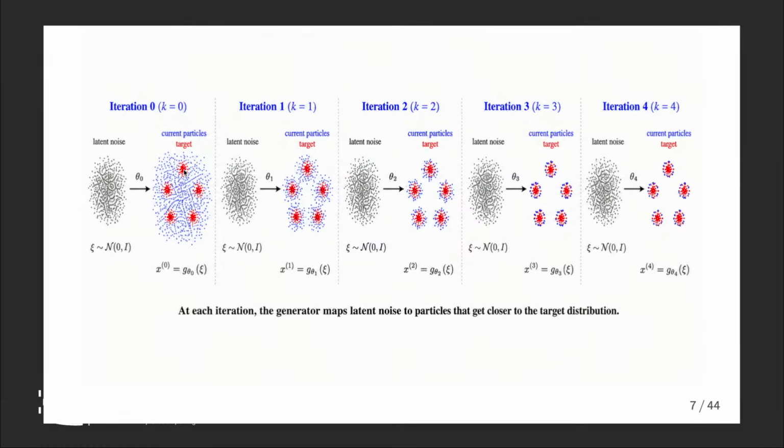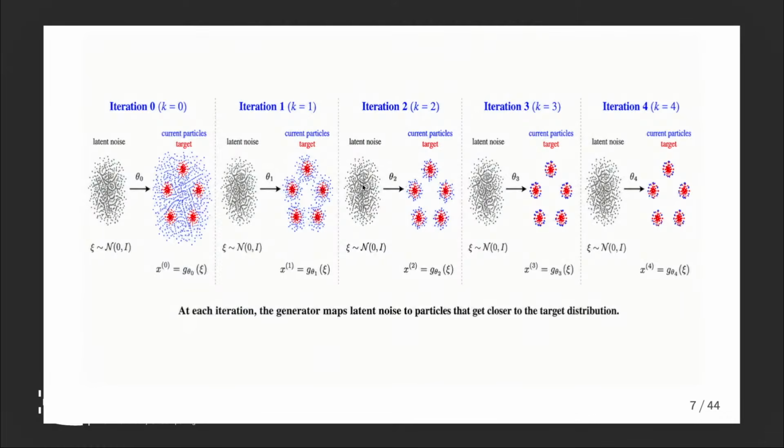Your velocity field is going to compare these two things, based on which you're going to update theta naught to some theta 1, right? Once you get your theta 1, you again compute g theta 1 of psi, and then hopefully the current particles are going to look closer to the target that you wish to sample from. Then you use the same velocity field to compare these blue particles and red particles at iteration 1.